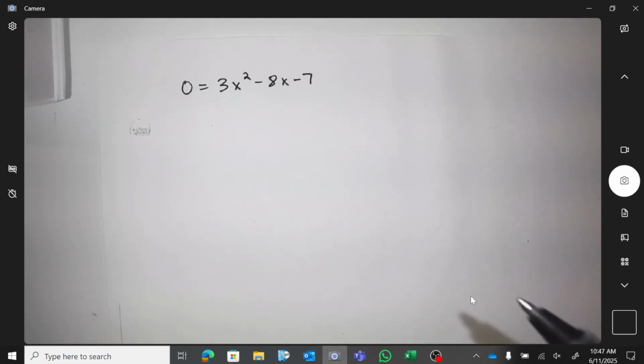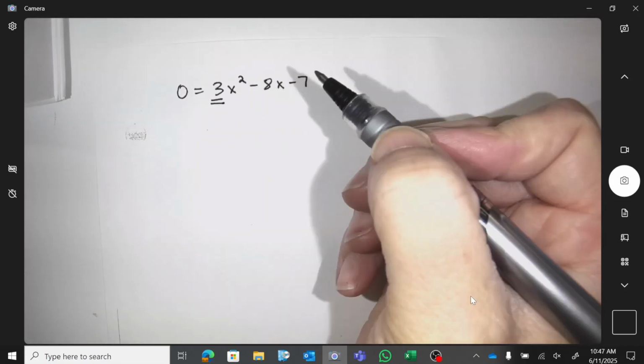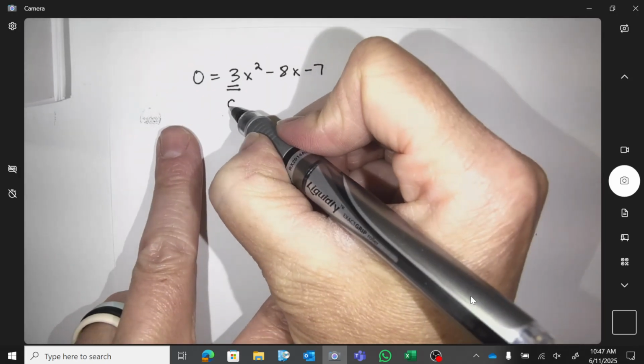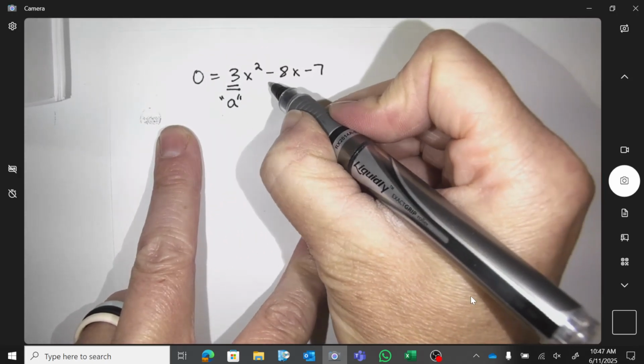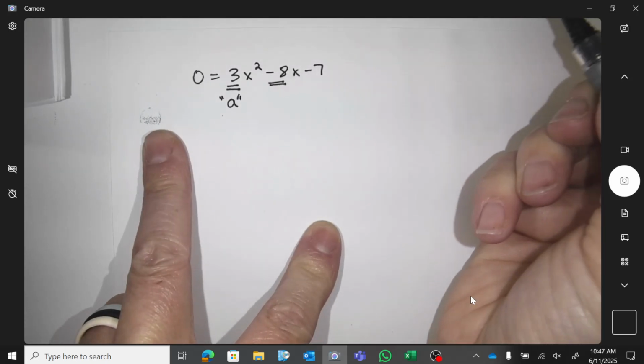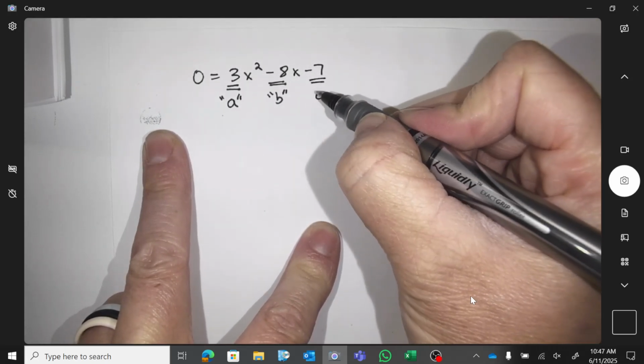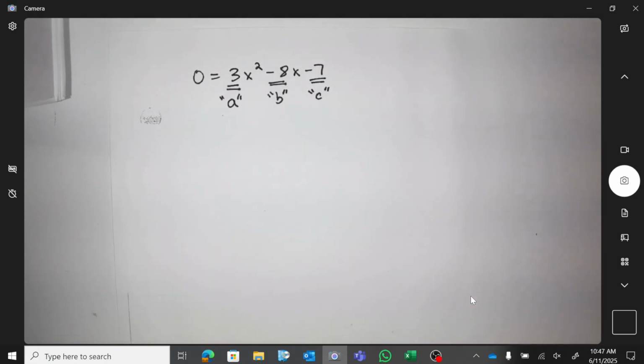Okay, so this is what I need to know. Whatever's with the x squared is the boss. It's called the A. Whatever's with the x is called the B. And any number value is called a C.